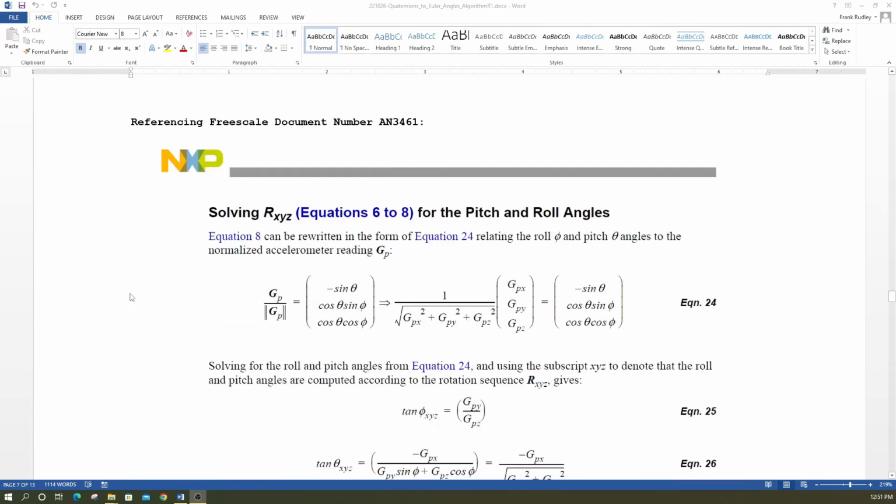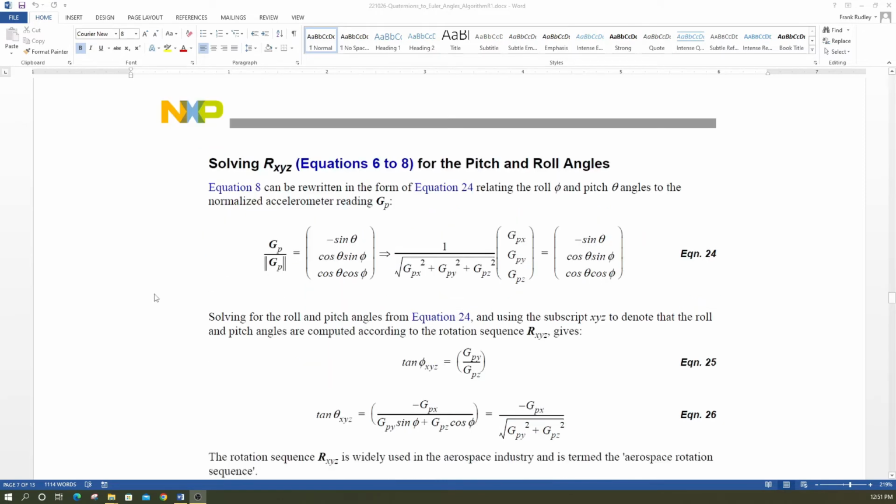I also found another paper from Freescale, or NXP now. It's Freescale document number AN3461, and this is similar to what the STMicroelectronics document was.